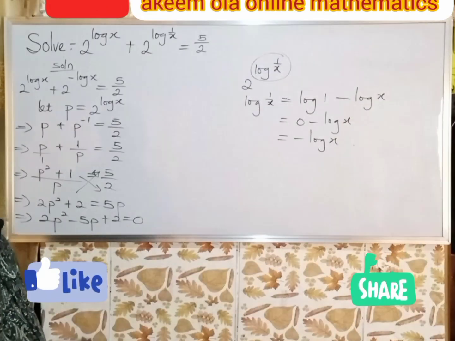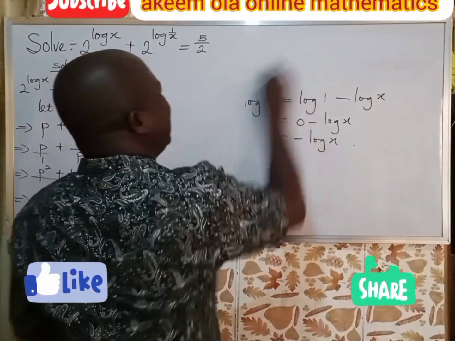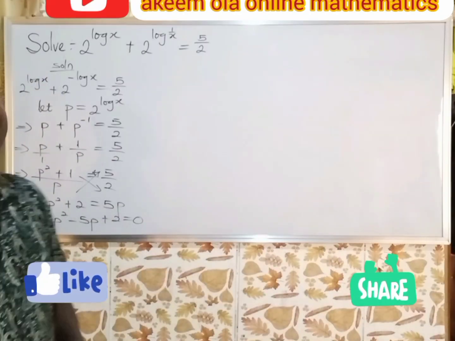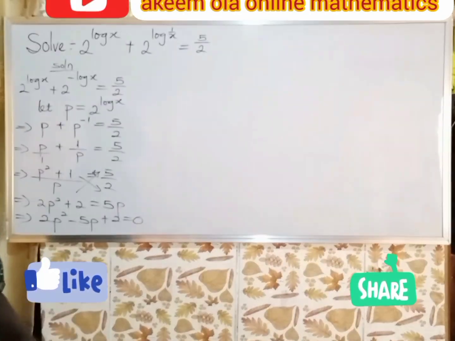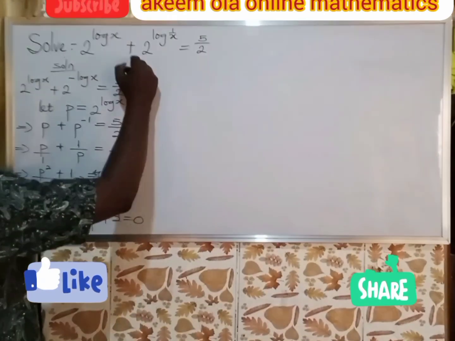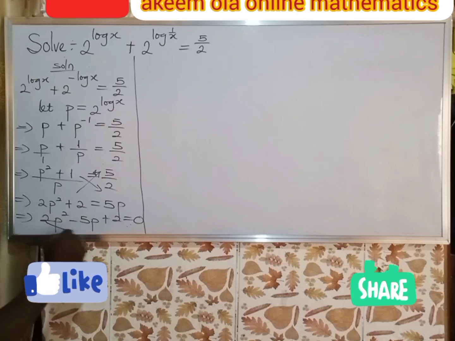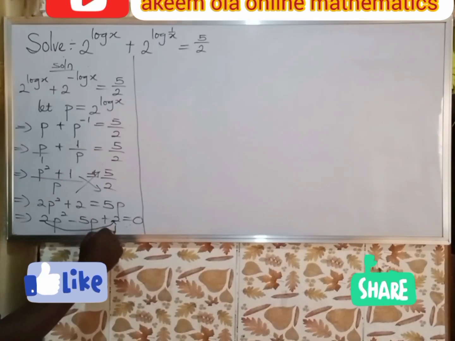We have a quadratic equation here that we can simplify by using the simplest method, which is the factorization method. If I use factorization method, that means these two we multiply to here, so I'm going to have plus 4.